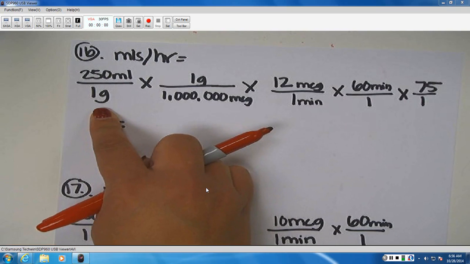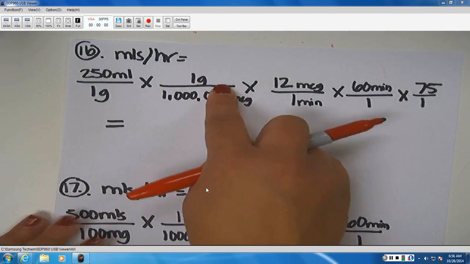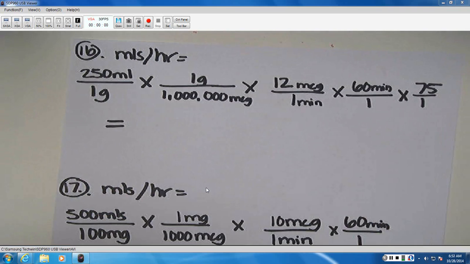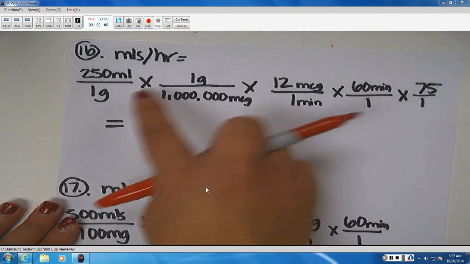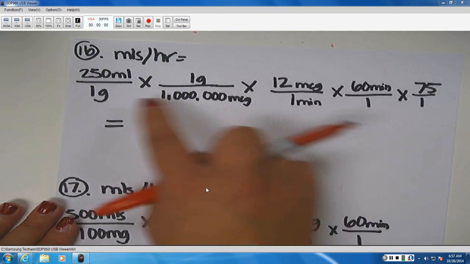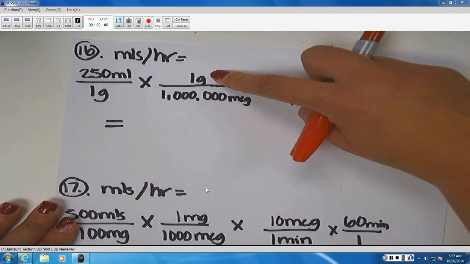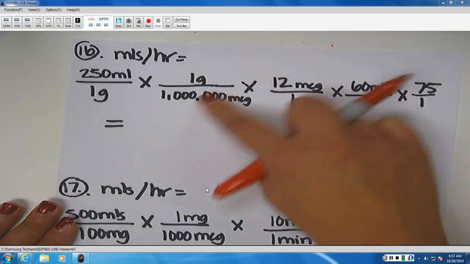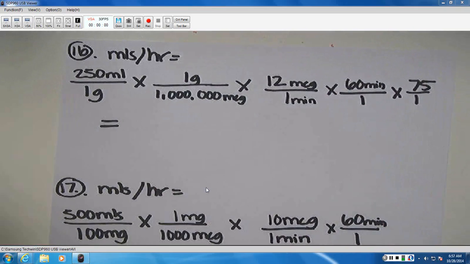My dose on hand is in grams, so I'm going to have to do a quick conversion, and I know that 1 gram is the same as 1 million micrograms. So I have grams here, so I'm going to put my grams on top. That's just your quick little conversion guide, so you can go from grams to micrograms.